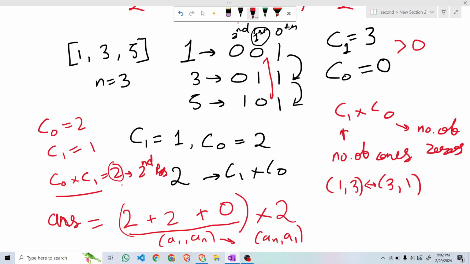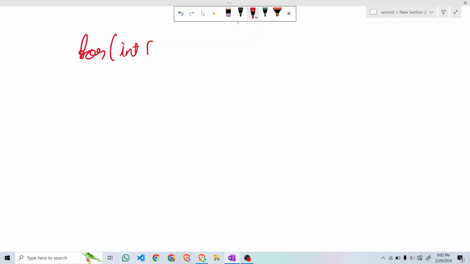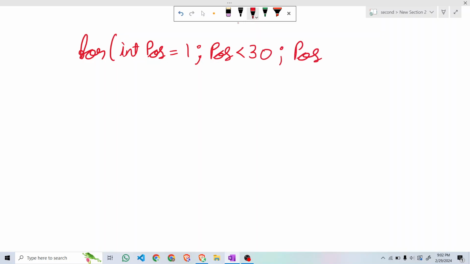Yeah, how would we code all of this up? First we're going to loop over all of the positions, right? And then we're going to loop over all the individual numbers.